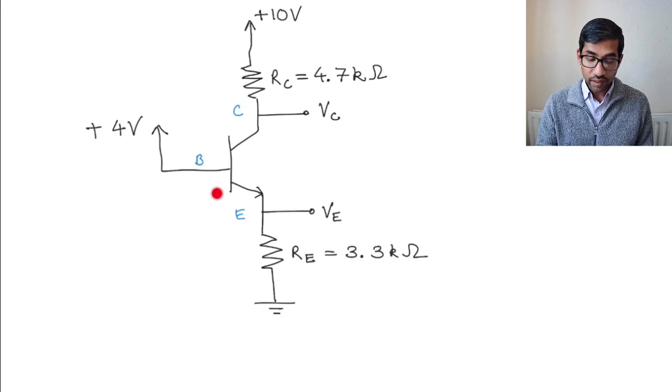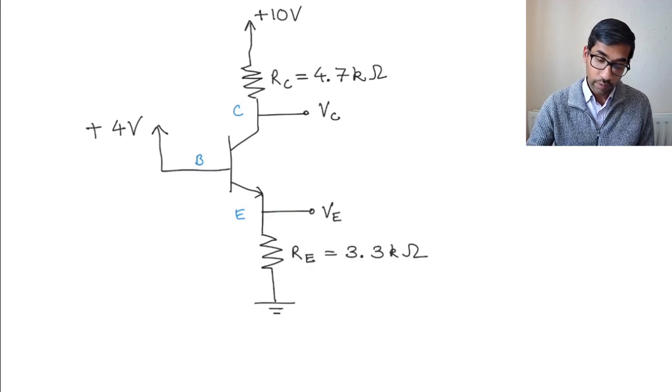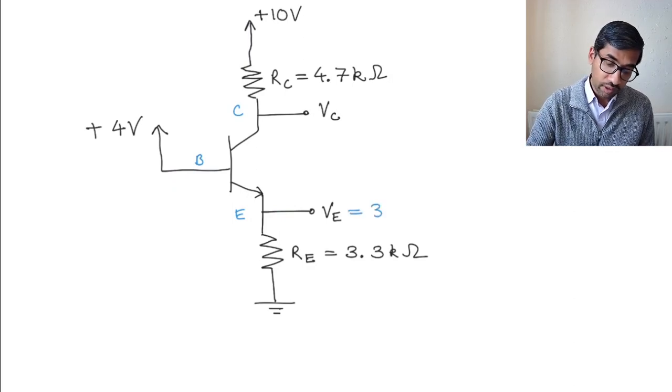And when this junction is forward biased, we know that the drop across this diode is 0.7 volts, right? Which means if the voltage at the base, which we are given here, is 4 volts, the voltage at the emitter will be 4 minus 0.7, which is 3.3 volts.